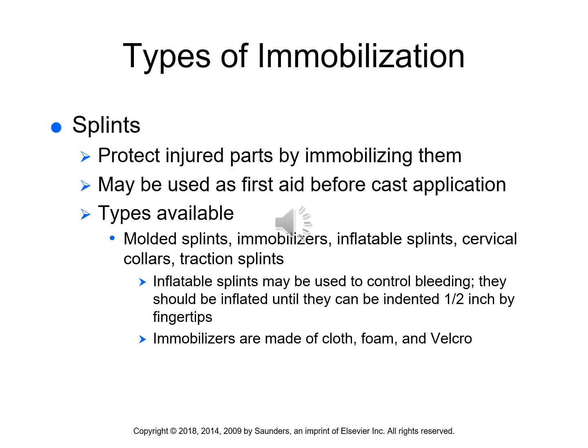You might have a cast. A cast is going to immobilize an extremity after a fracture or some type of orthopedic surgery. When you have a cast, you need to assess regularly to ensure that the limb is not swelling.